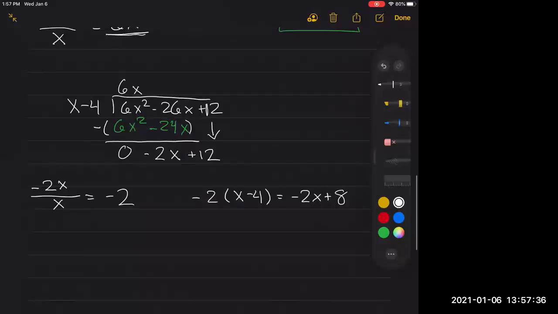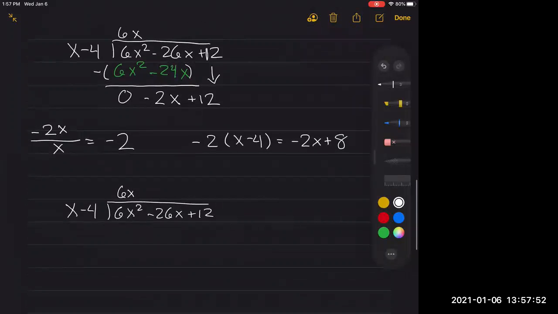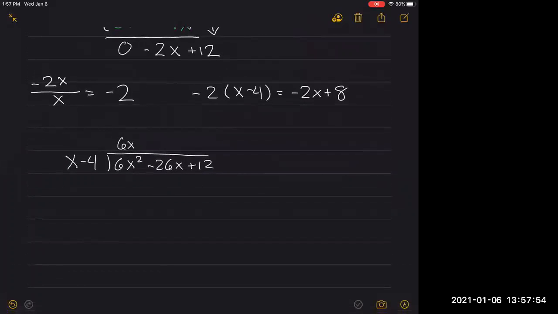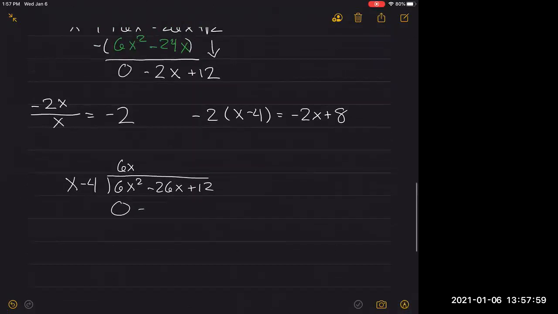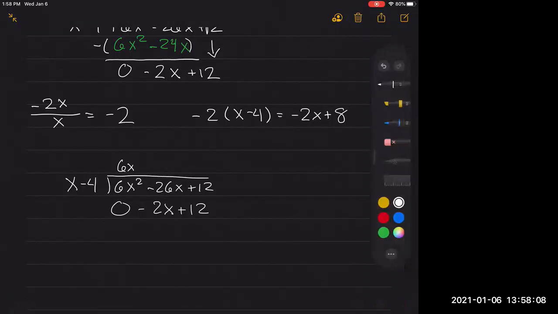So if we take our original thing up here, and now we have, oops, okay, there we go. I'm just going to write what we originally had and skip the step in between. And now we write this underneath again, just like before.